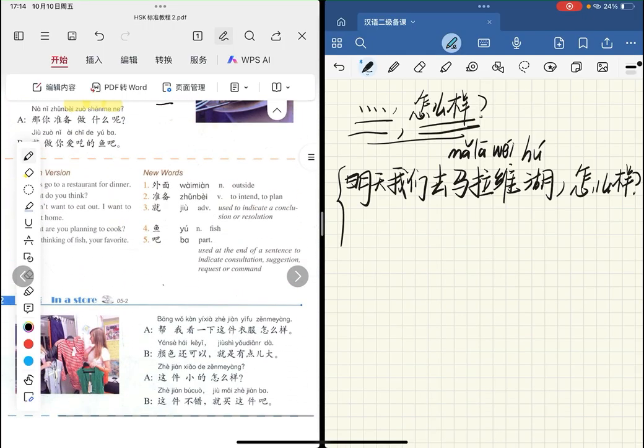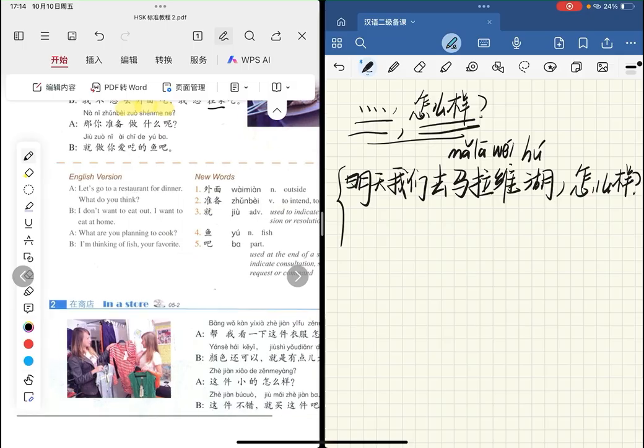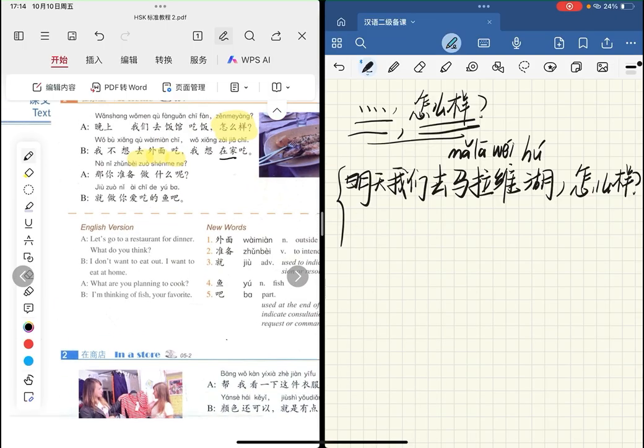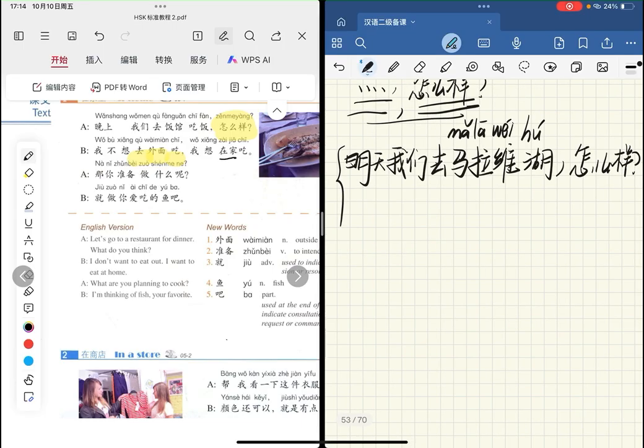Continue. So B doesn't want to eat out, and B wants to eat at home. So A continues to ask the question. 那你准备做什么呢? So what are you planning to cook?